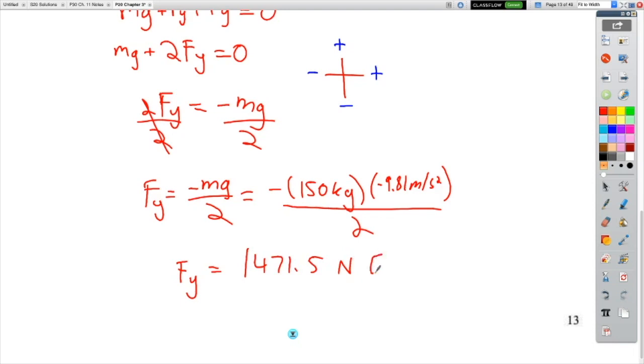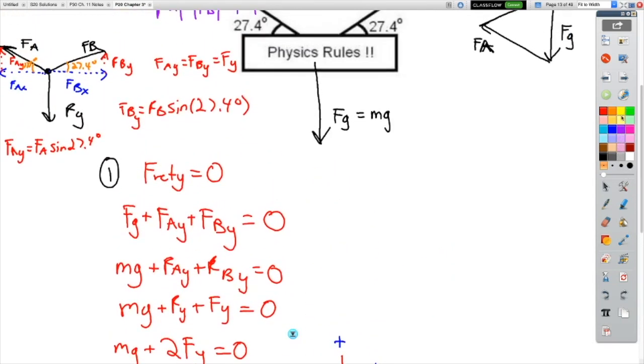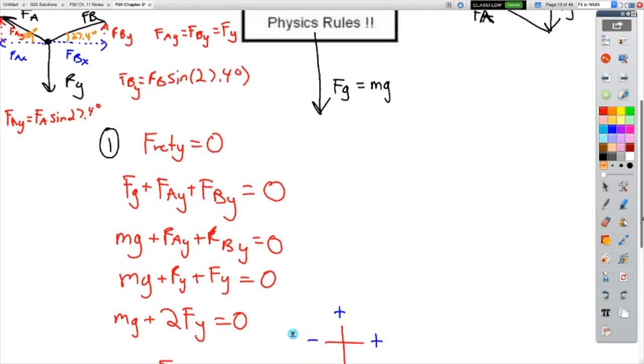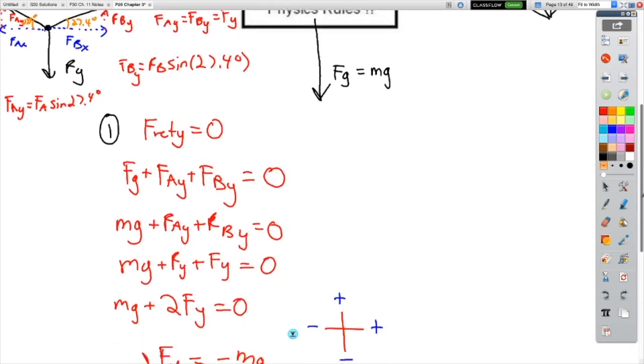Which way does this force have to be? For each one, it's up, right? So this is what each rope is supporting in the y-axis. So again, Fy is the same as Fay and the same as Fby. I just did this to say let's just call it F, so that we're not denoting it to A or B, even though they're going to be the same number.